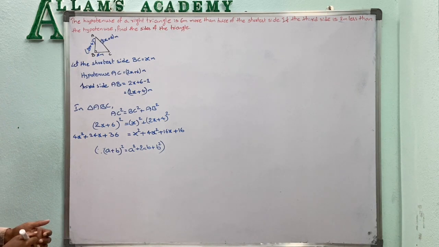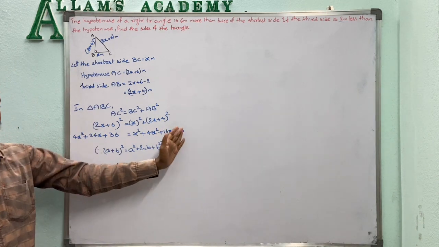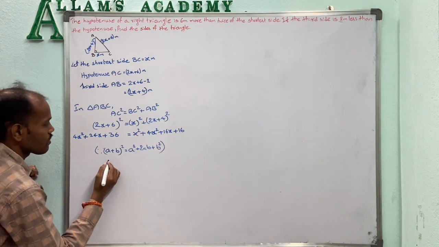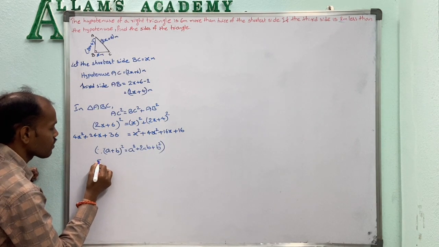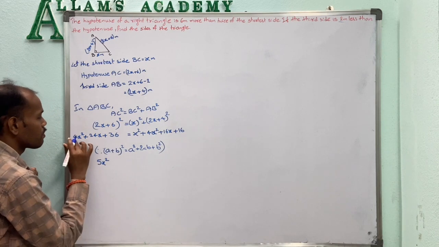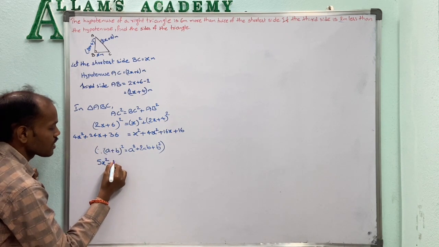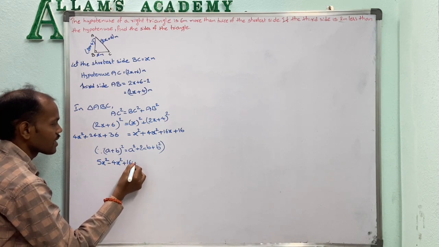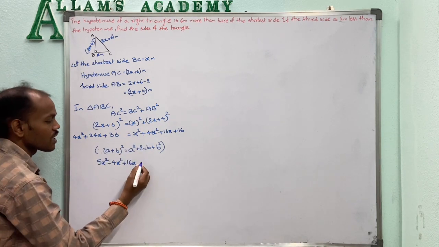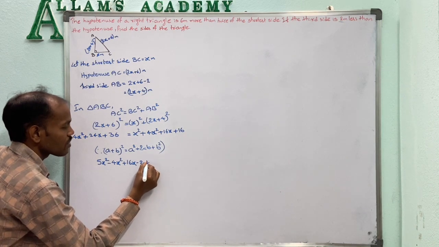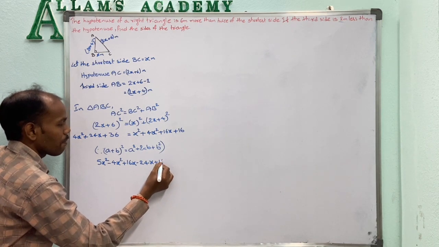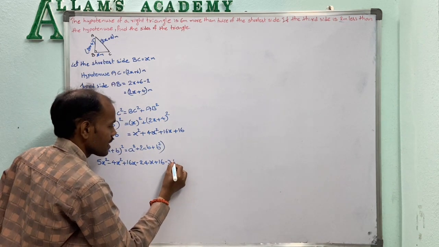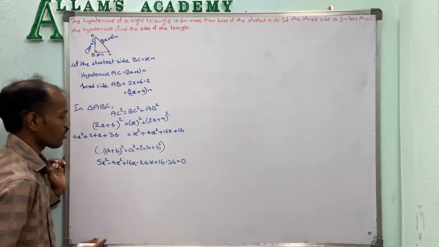Now if we transfer all these values to that side, x square plus 4x square equals 5x square, and this plus 4x square transferred to this side becomes minus 4x square, plus 16x, plus 24x transferred to that side becomes minus 24x, plus 36 transferred to that side becomes minus 36, equal to 0.